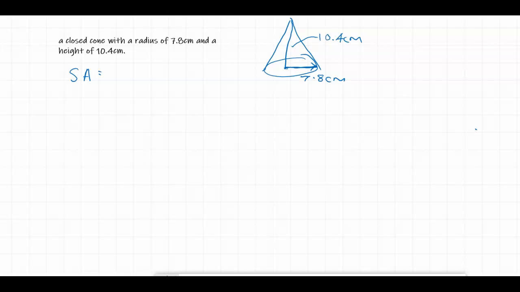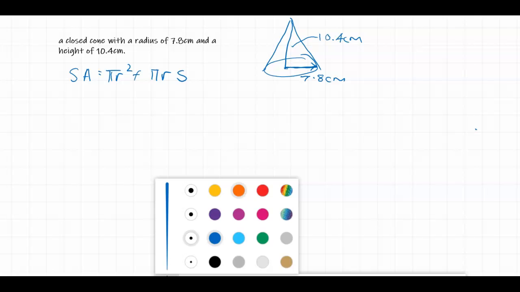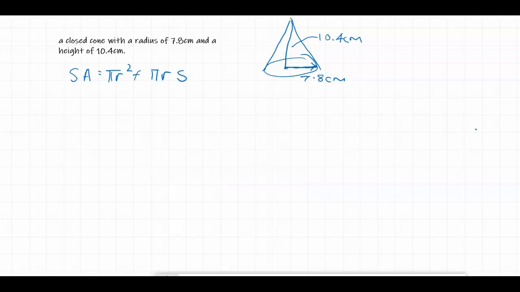We have a formula for the surface area of a cone. I think it's on your formula sheet, otherwise you're going to have to learn it. It's pi r squared plus pi r s. Now s is the slope height, which is out here, or in this case over here.